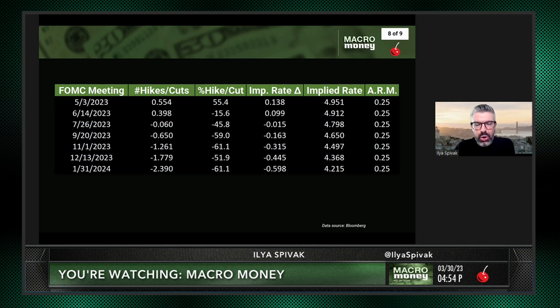There are only so many more cuts that could get priced in, considering the Fed continues to argue there's not going to be any, and the market simply doesn't buy it. The greater volatility risk is that the market finds itself mispriced for what the data and the Fed are saying.